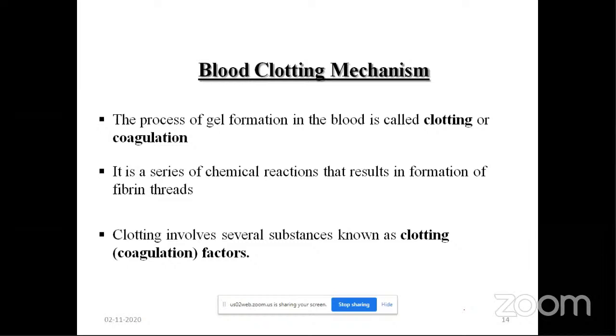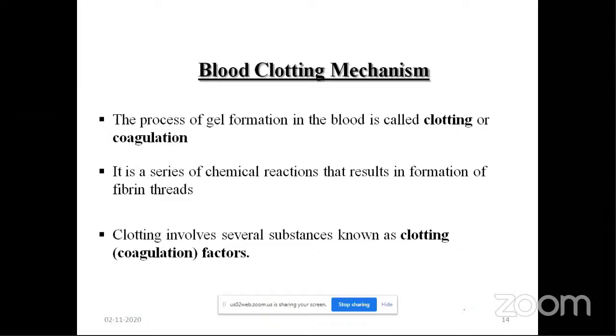It is nothing but a series of enzymatic or chemical reactions that result in the conversion of fibrinogen, a protein present in our blood in an inactive condition, and it is responsible for formation of fibrin threads.